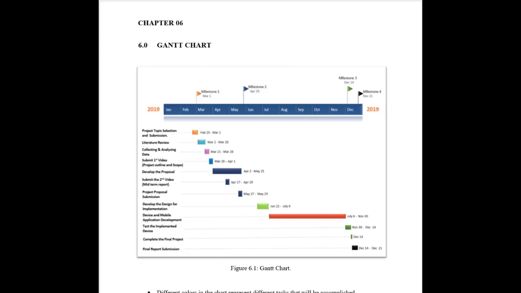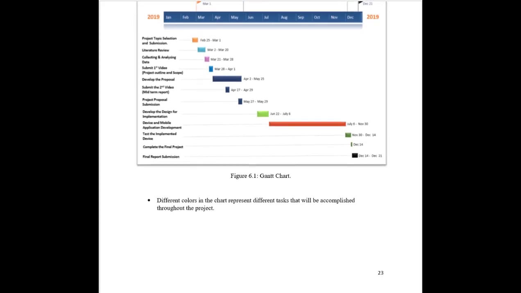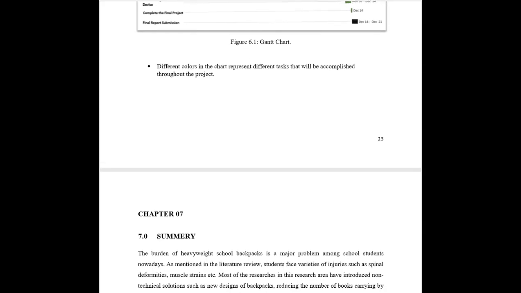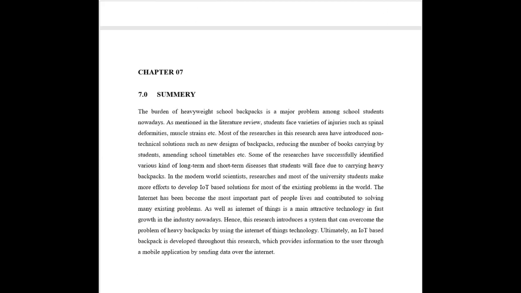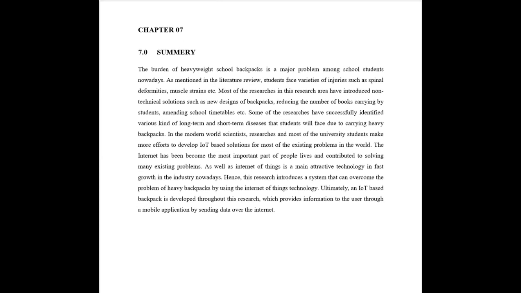Chapter 6 is the Gantt chart. Gantt chart is like a project timeline. This chart I have also discussed in the video 1. Chapter 7 is like a summary of this project.